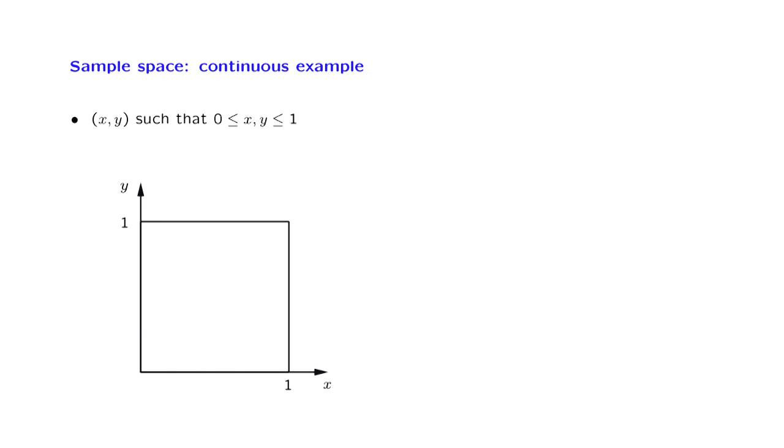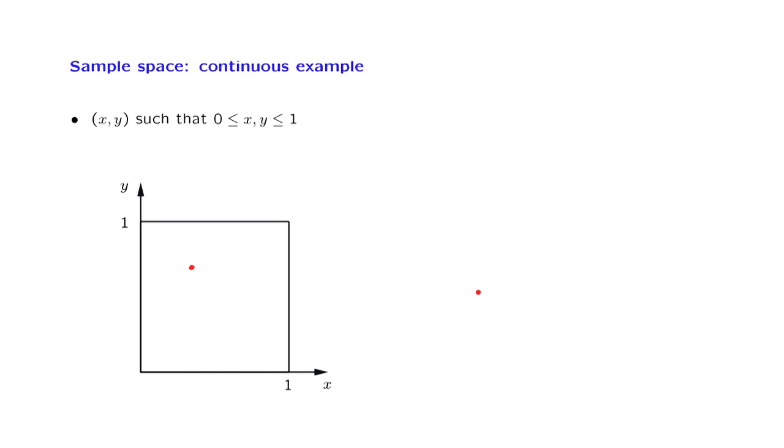So we have a rectangular target, which is the unit square, and you throw a dart on that target, and suppose that you are so skilled that no matter what, when you throw the dart, it always falls inside the target.